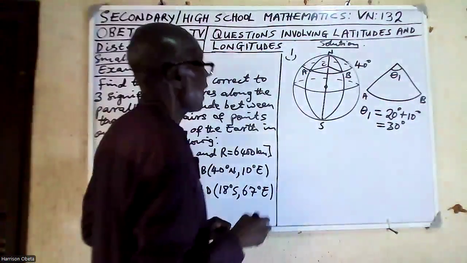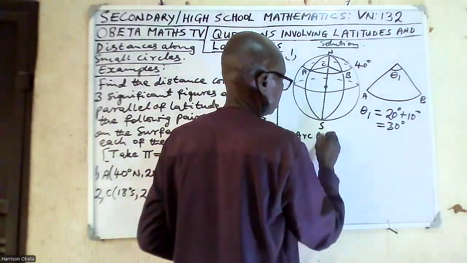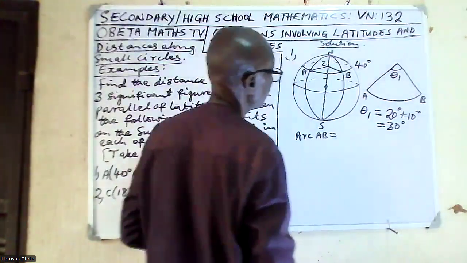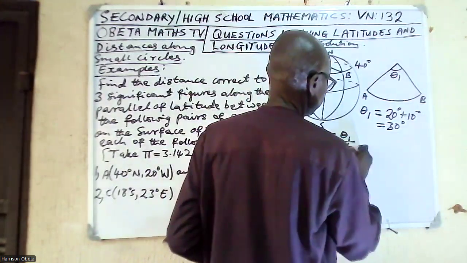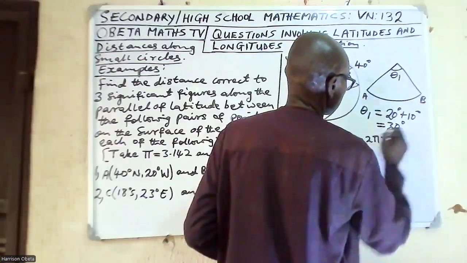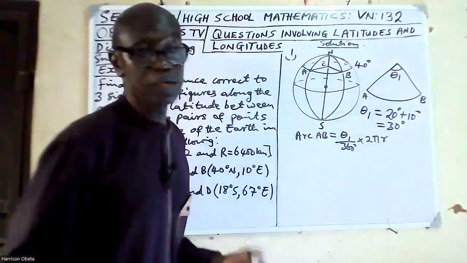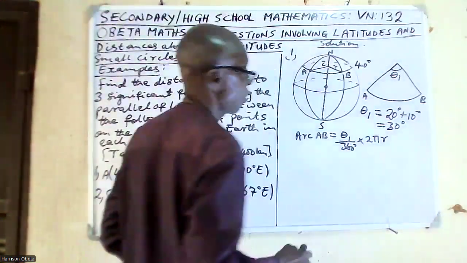So arc AB is equal to theta 1 over 360 times 2 pi small r, because we are talking of a small circle.